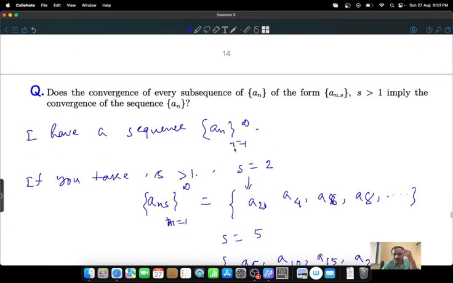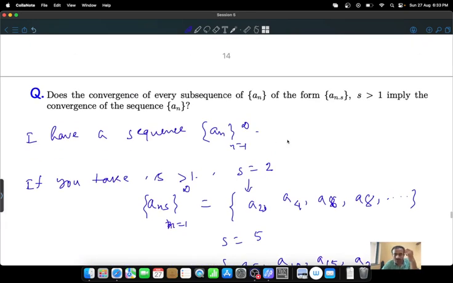Then also I think it may not be possible, because if you remember the first problem that we solved today, that was saying that if I take all the convergent subsequences converging to the same limit... So what is your question? Can you say it again, because I am getting confused?